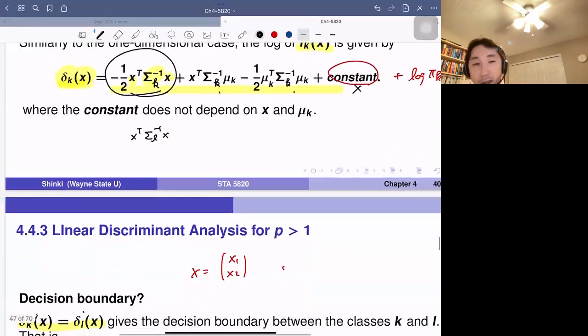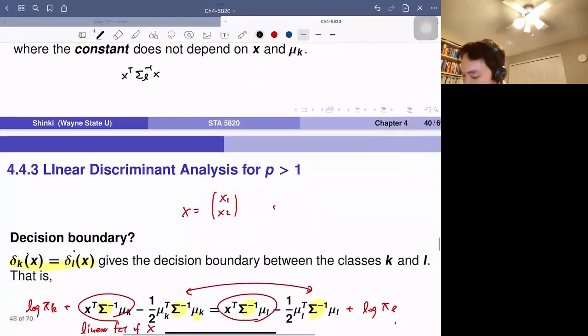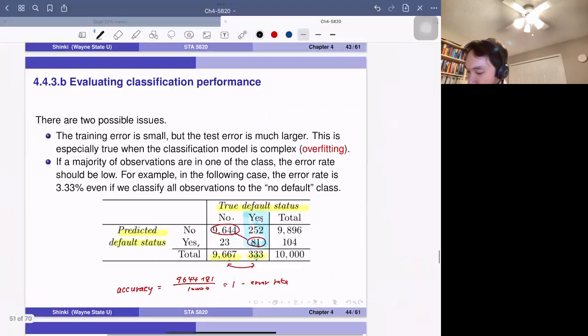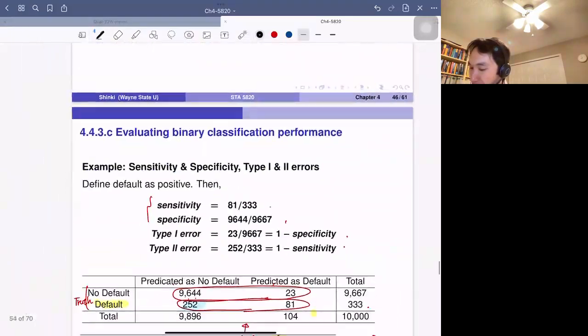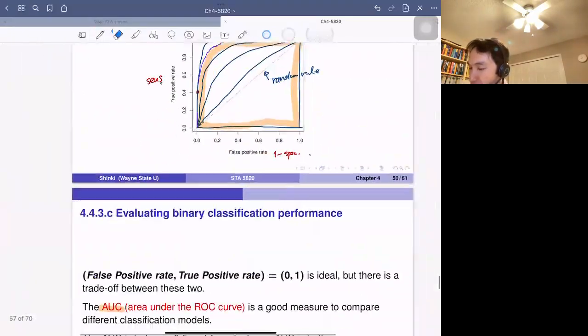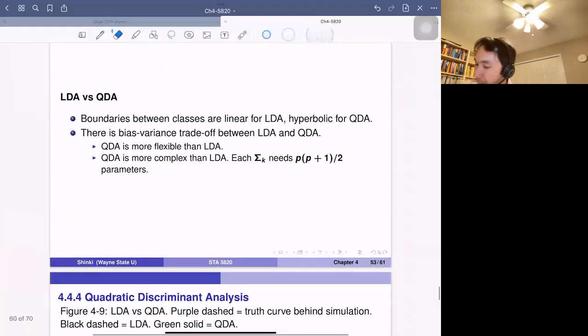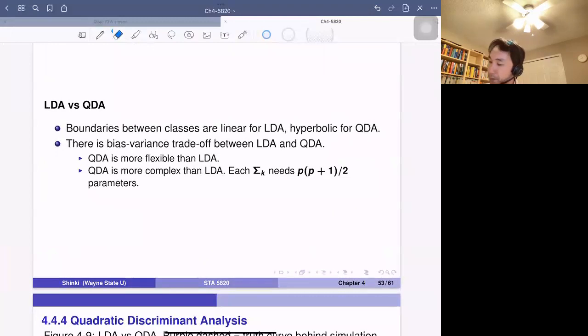We can show that the boundary is a hyperbola, so not linear in general. The boundary is more complicated, which means the model is more flexible: linear boundary for LDA, but hyperbolic boundary for QDA.